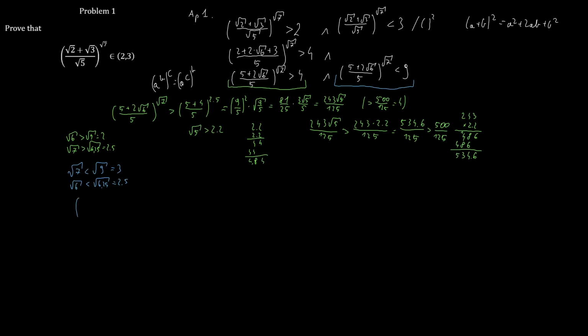So now we can write 5 plus 2 square root of 6 divided by 5 to the power of square root of 7 is less than 5 plus 2 times 2.5 divided by 5 to the power of 3, which is 10 over 5, which is 2 to the power of 3, which is 8. So indeed it is less than 9. And because this inequality holds, this one holds, and this one holds. And that's what was to be proven.